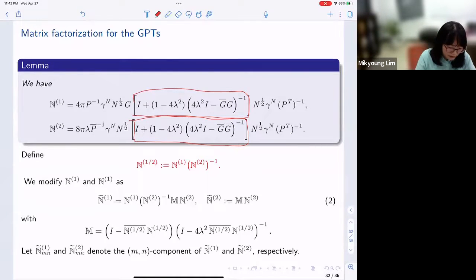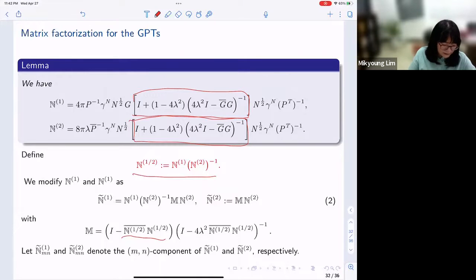So we define N_1/2 as the first type GPT times the second type GPT inverse. By doing that, this lambda-involving part is canceled out, and we modify the GPT using this N_1/2 matrix.